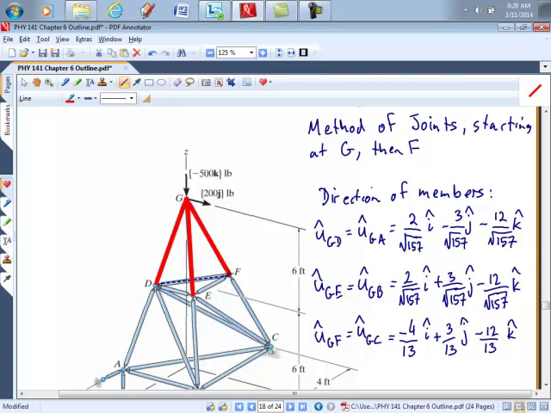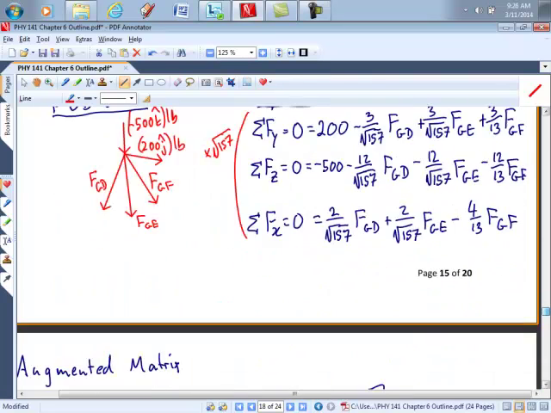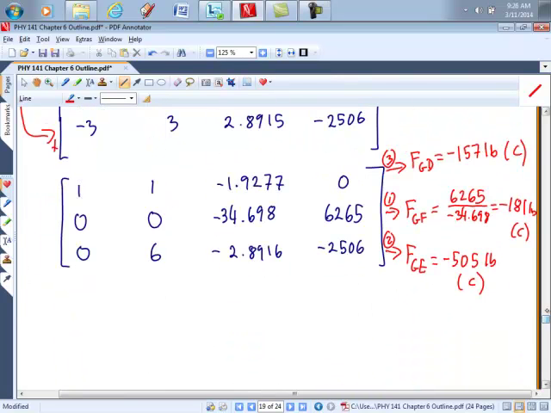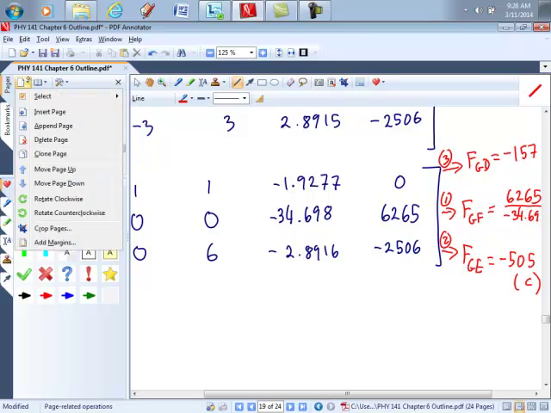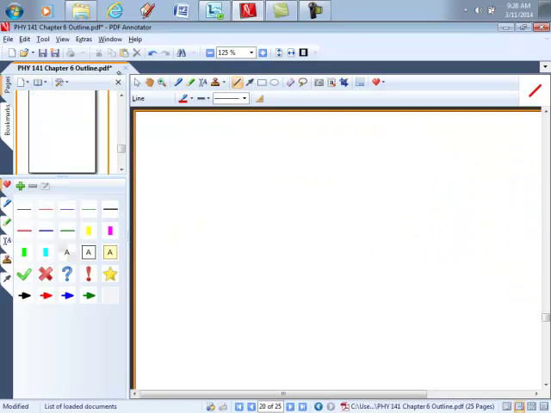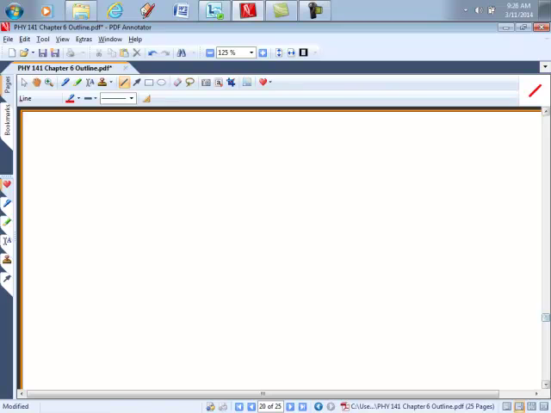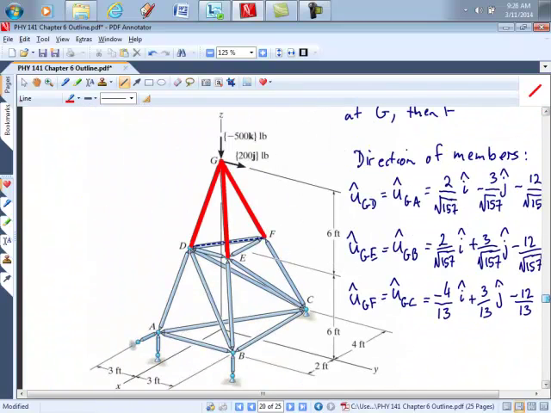So we're left with only the one force here that we're asked for that we haven't found. So we would move on now to do our method of joints at F. I'll skip to a new page. Okay, and let's copy the diagram onto the new page.